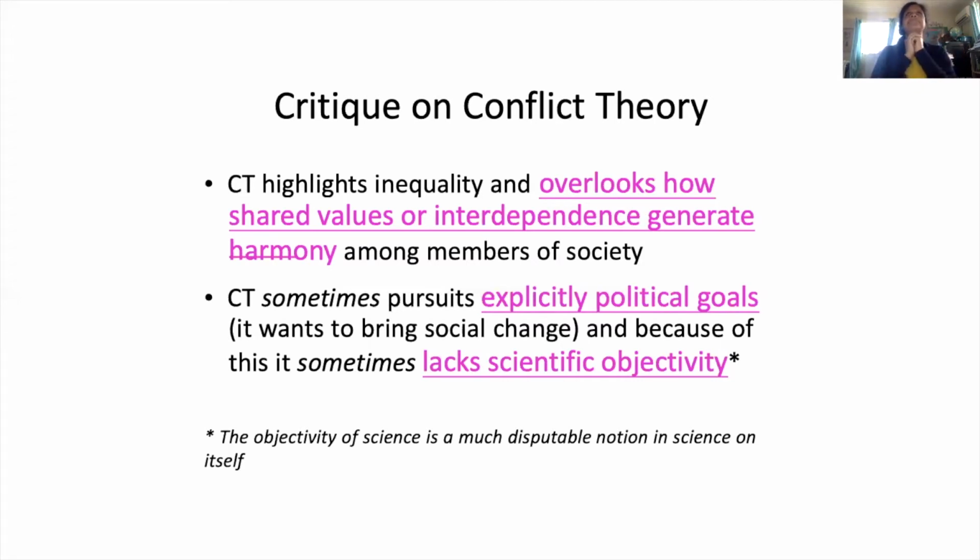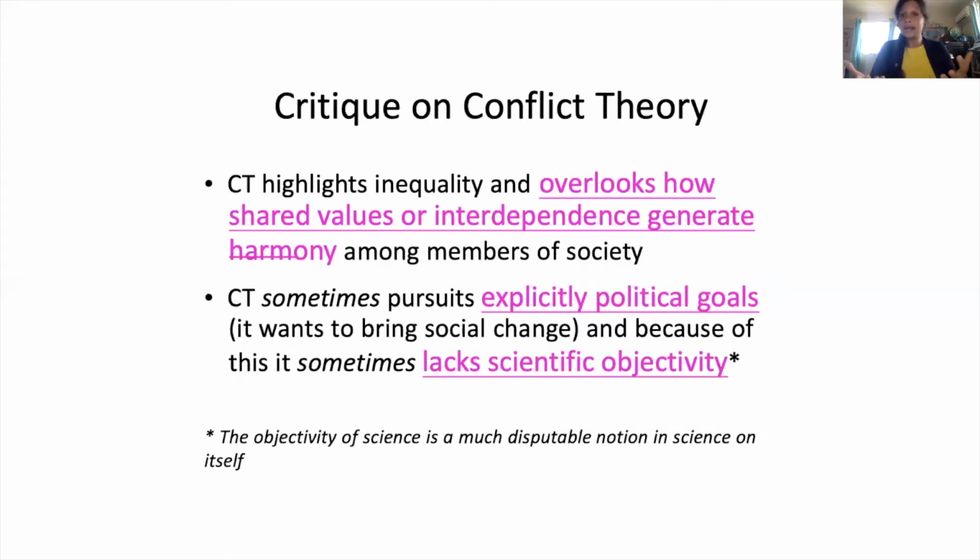But let me just pause and say that the objectivity of science itself is a much disputed notion in science. And we will learn more about this, okay? And again, remember how I started telling you that each paradigm is a map or an angle of a map looking at social phenomena. So none of them is perfect.